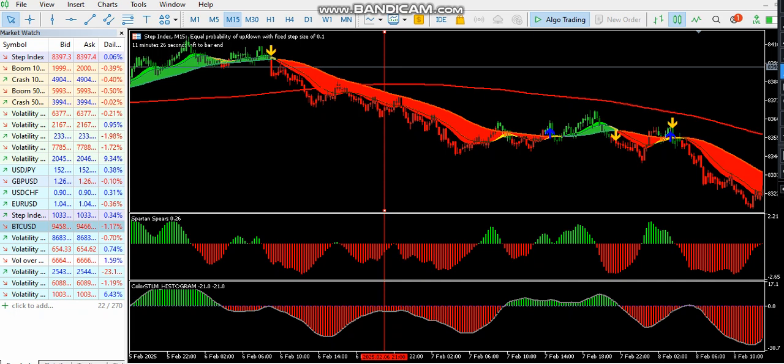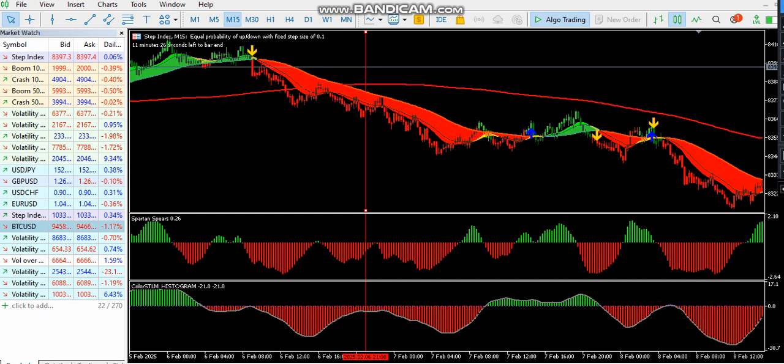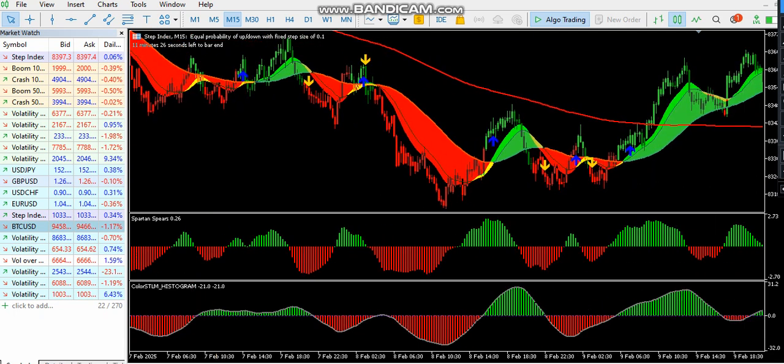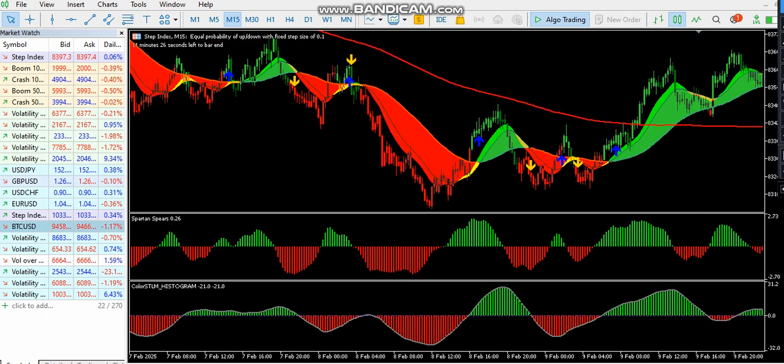Boom, down. It came back, it retraced, it gave you another arrow, boom, down, in the direction. Don't forget that we have multiple confluences like we have right here, so you need to add that up.